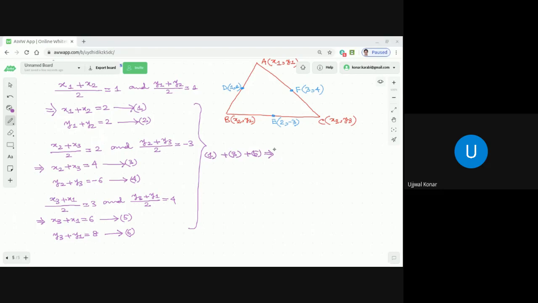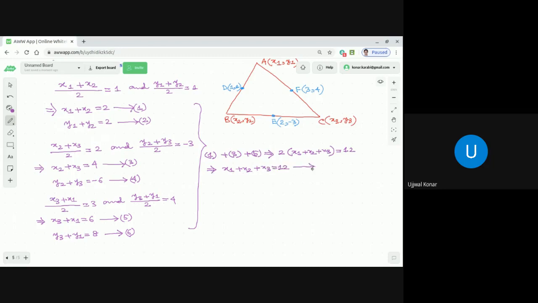That means 2 times x1 plus x2 plus x3 is equal to the right side of 1, 3 and 5, that is 2 plus 4 plus 6, that is equal to 12. So from here we get x1 plus x2 plus x3 is equal to 12.